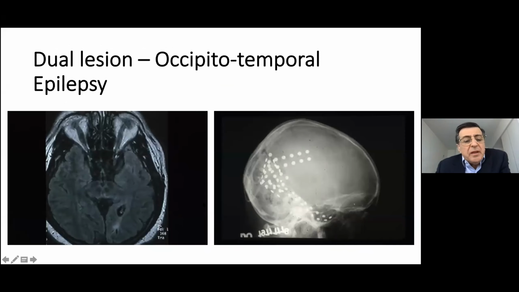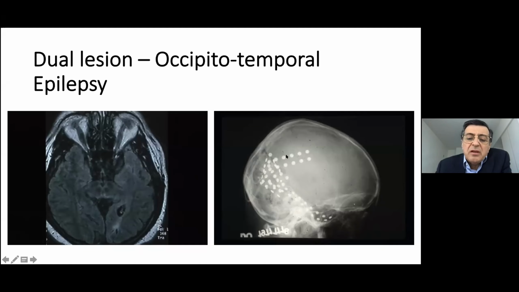This is for occipital epilepsy. This is a patient with dual lesion. And you can see here the craniotomy that exposed the basal temporal lobe and the mesial occipital lobe. And we perform an entire wrap of the occipital lobe with a 2 by 10 electrode placed under the temporal lobe from posterior to anterior.